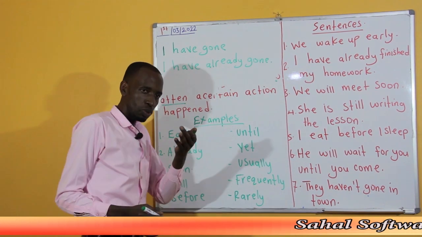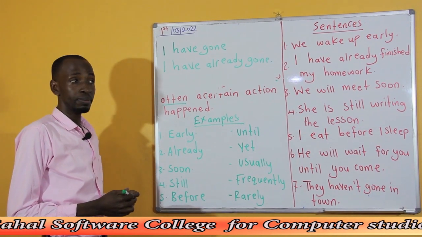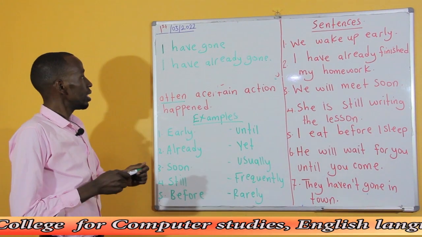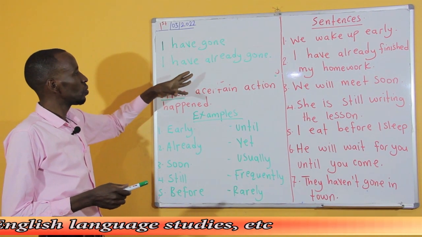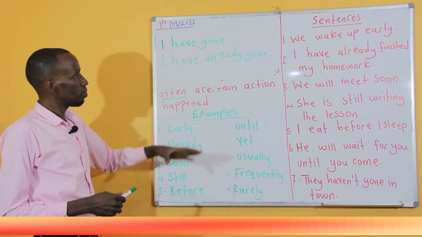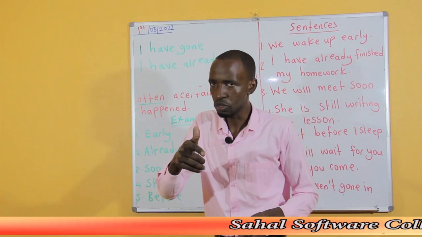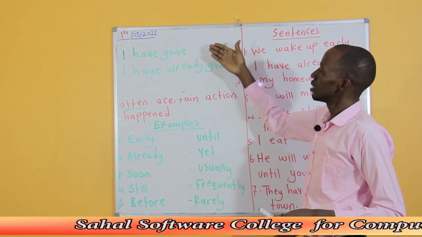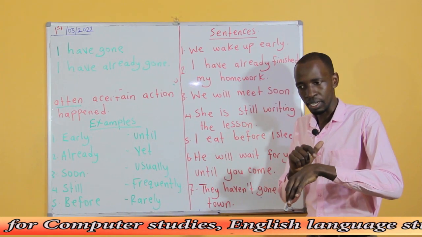Can you clarify the difference between the two? If this is present perfect and this is present perfect, why did they create already? There is a difference here, and of course, it is time.